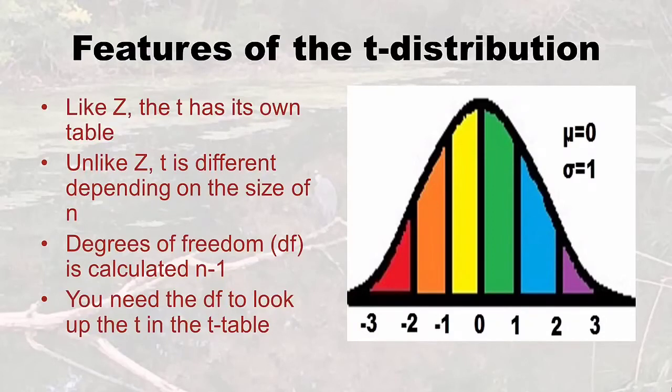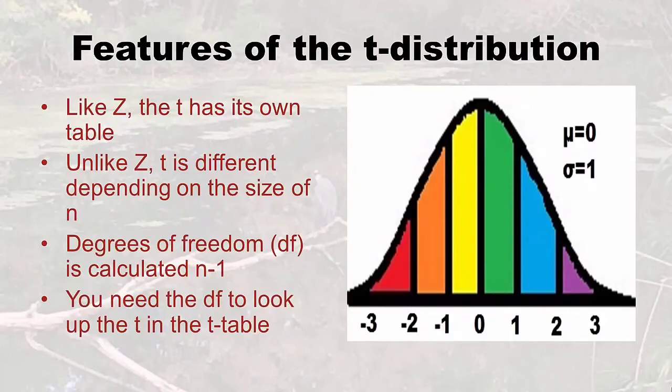And unlike Z, T is different depending on the size of n. With Z, it doesn't matter how big your n is, you can look up the Z table and it just doesn't matter. On the T table, you actually have to know this thing called degrees of freedom.